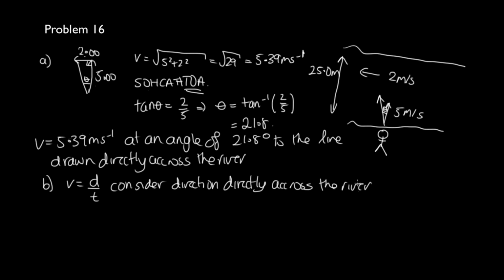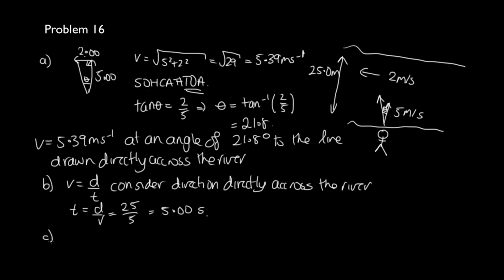And the reason for doing that is that we've got a length directly across the river of 25 meters. So let's rearrange this equation. We've got time is equal to distance over velocity, which is 25 over 5. So that's equal to 5 seconds. And so that's how long it takes her to cross the river.